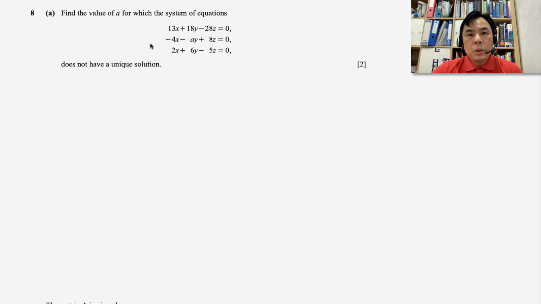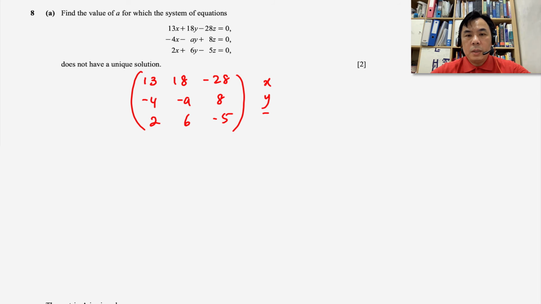All right, the first question was quite direct. When they say that it does not have a unique solution, meaning that the equations or the matrix, if you were to represent this in matrix form, okay, so take for instance, if I were to represent this as a matrix form, 18, negative 28, negative 4, negative A, 8, 2, 6, negative 5, X, Y, Z here.